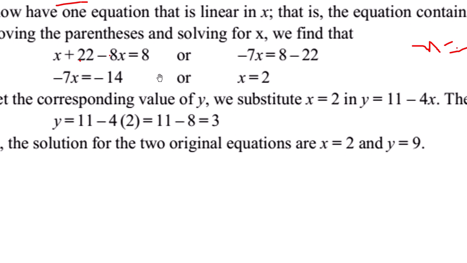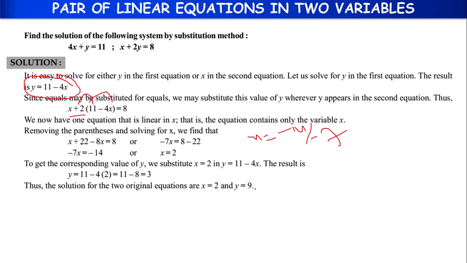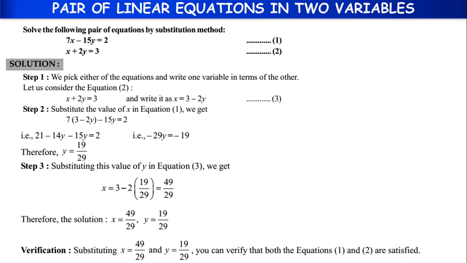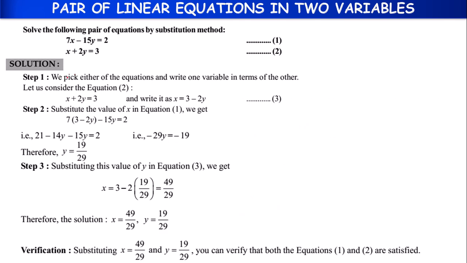So the solution of the equations is: x value is 2, y value is 3, children. Like that, by using the substitution method, we can find the solution of the equation. Next, children, another.